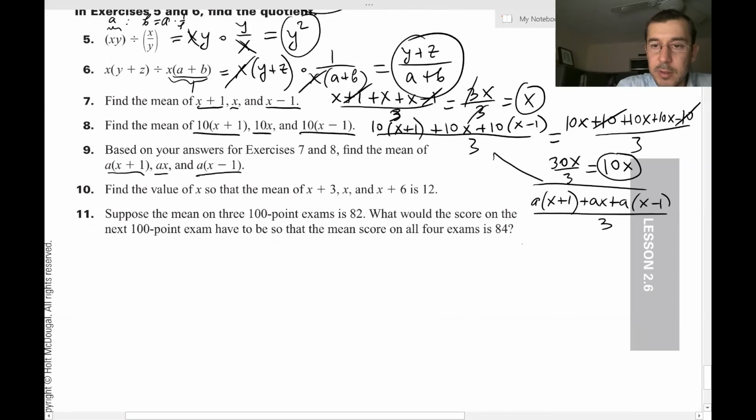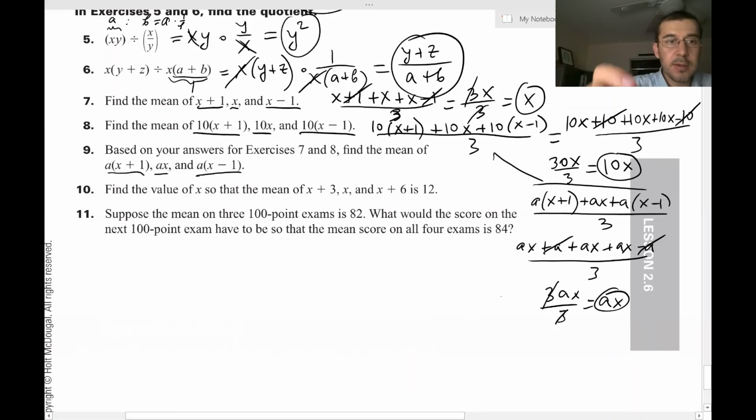So a times x is ax, a times 1 is plus a, plus ax, plus a times x is plus ax, plus a times minus 1 is minus a, over 3. Plus a and minus a cancel out. Ax, 3ax over 3. 3 and 3 cancel out, so we just end up with ax. That's number 9.